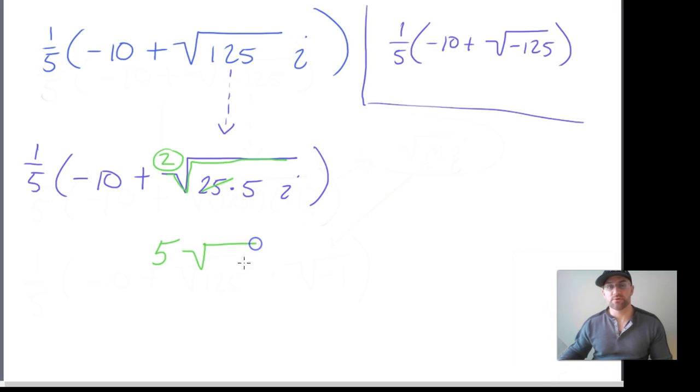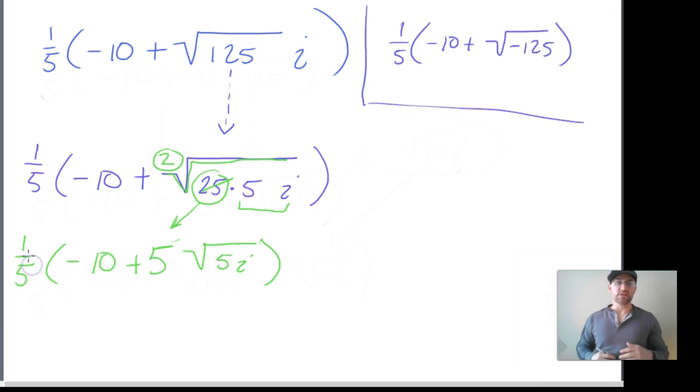This became 5 and pulled out of the radical because the radical's already been applied to that 25. Whatever the square root of 25 is, it's multiplied by the square root of 5i. So that still has to happen. Times square root of 5i, bring down the plus, the negative 10, the parentheses, the 1/5. Go ahead and write what you see on the whiteboard, and then I'm going to erase it.